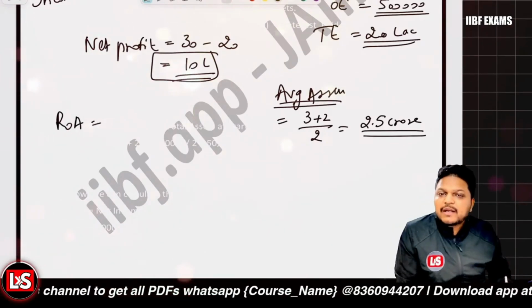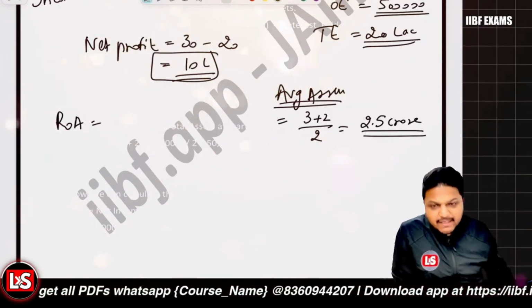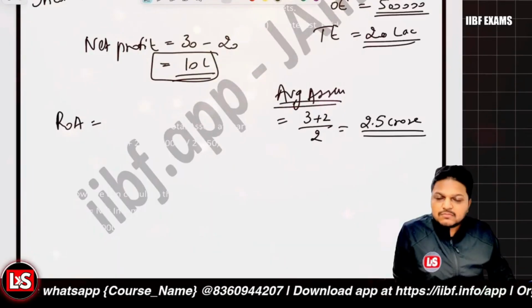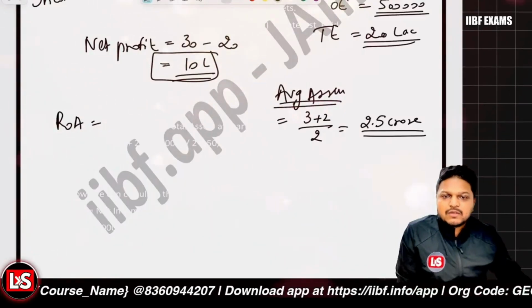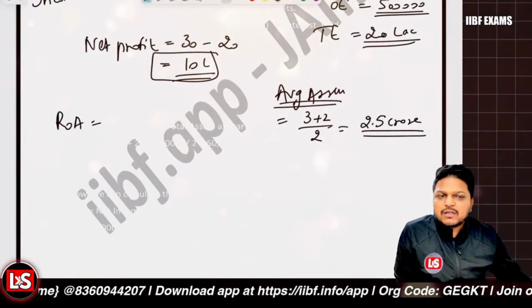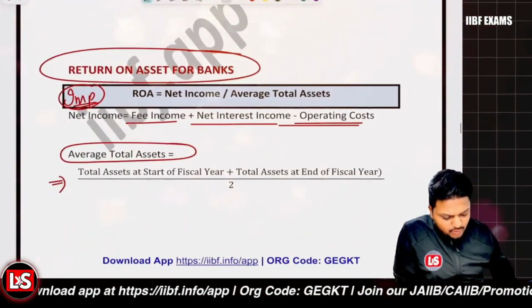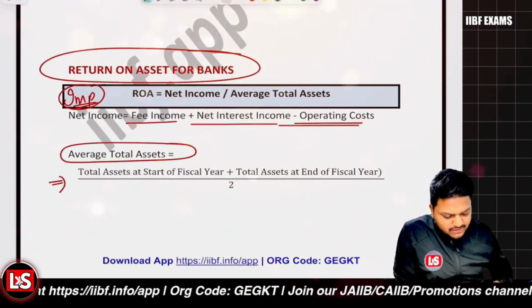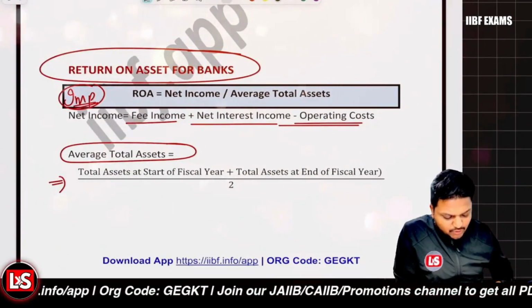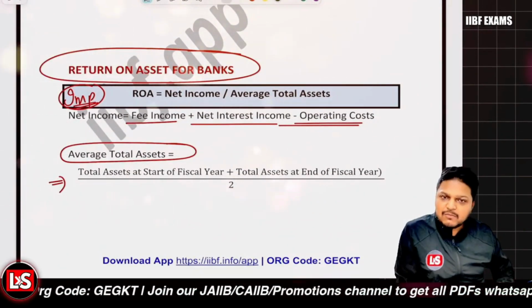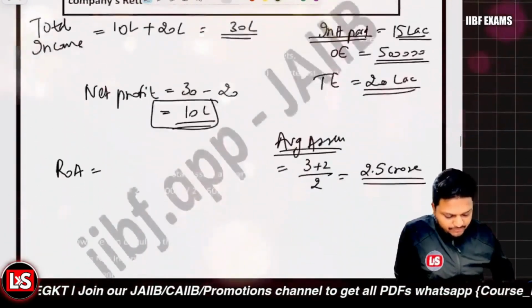So what will be your return on assets, ROA? That is your net profit divided by the average total assets. The two formulas I told you, na? The one formula was related to the net income to the average total assets, and the other is also related to net profit. Net income or net profit, the same thing, right?